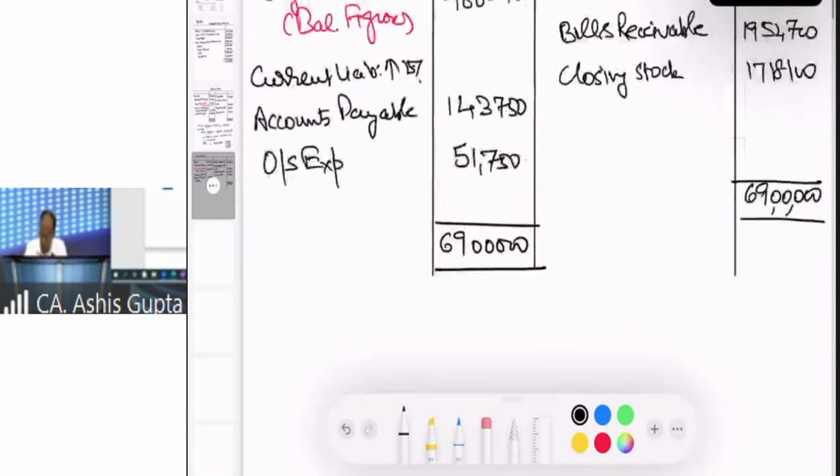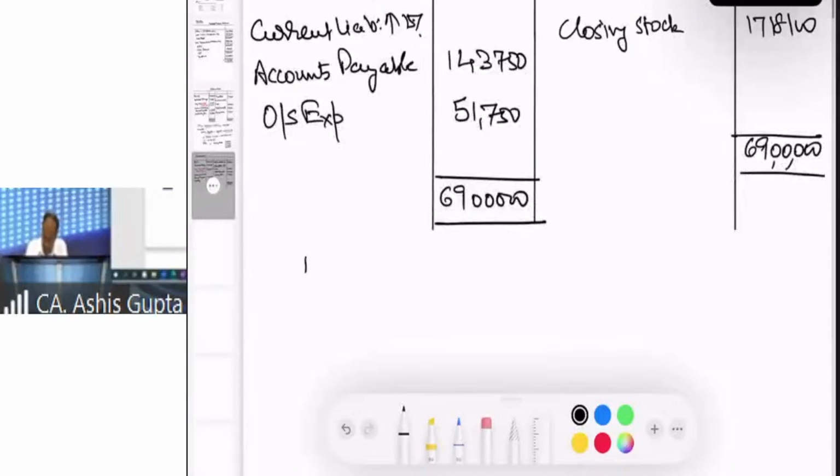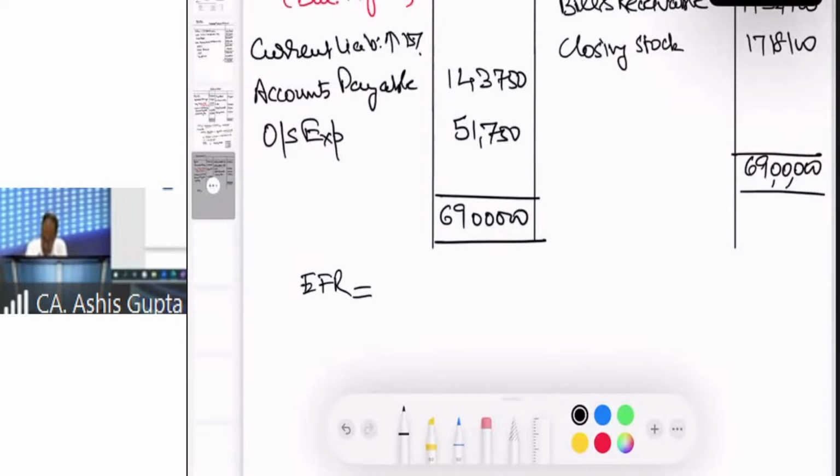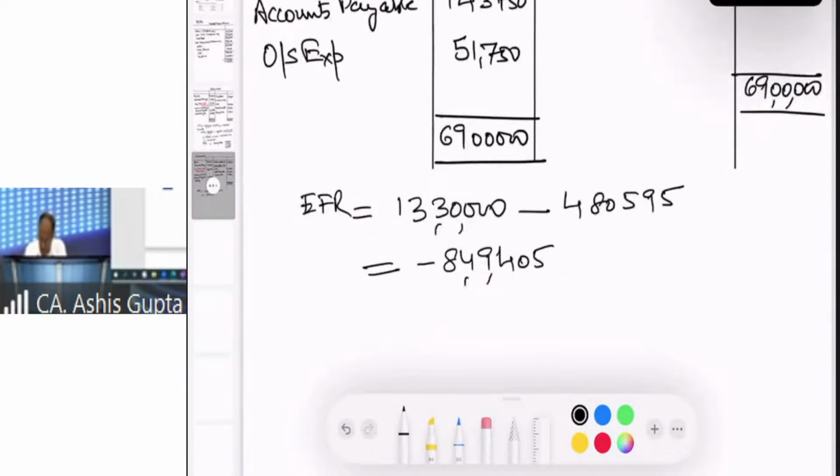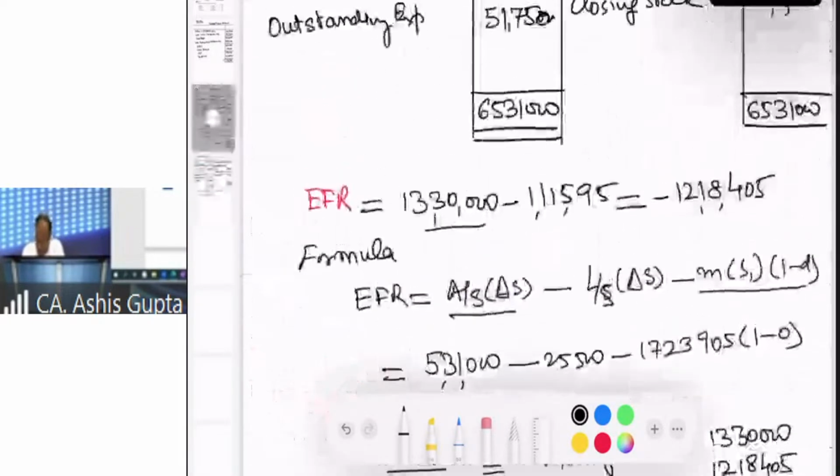Okay, student. So now we compute what is EFR. Here, our previous debt was 13,30,000 minus 4,80,595. So EFR is minus this. Okay, now we can also get it by formula, but here I would like to pinpoint the difference.